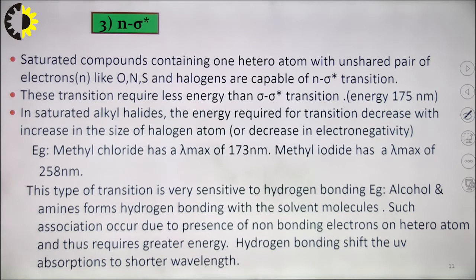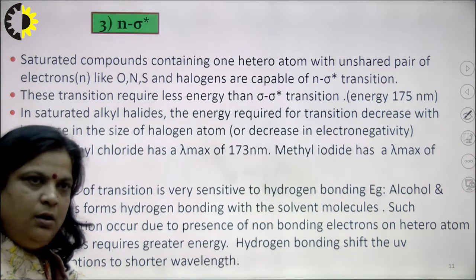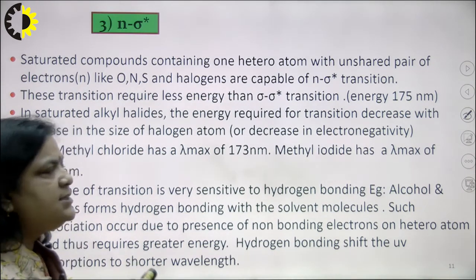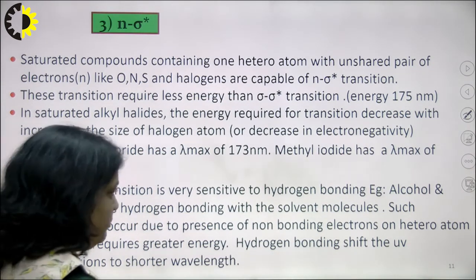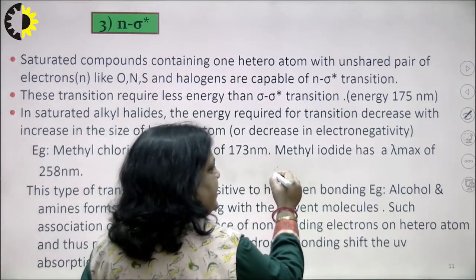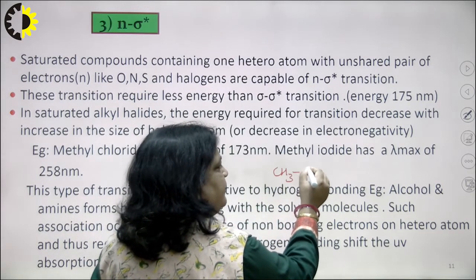In this case, which type of molecule generally shows this? The compound having a heteroatom with an unshared pair of electrons, like oxygen, nitrogen, sulfur. For example, methyl chloride, CH3Cl.